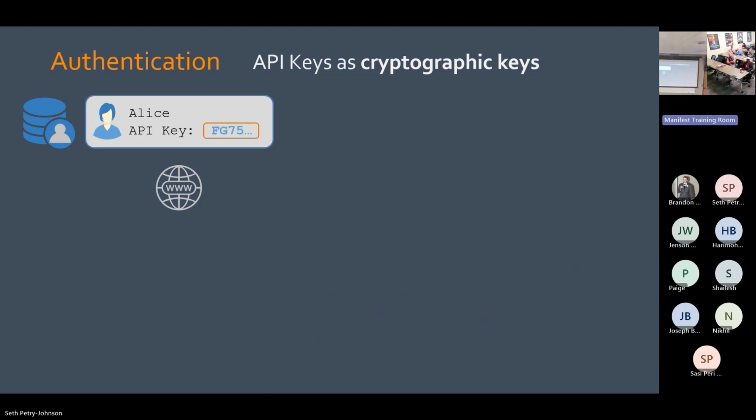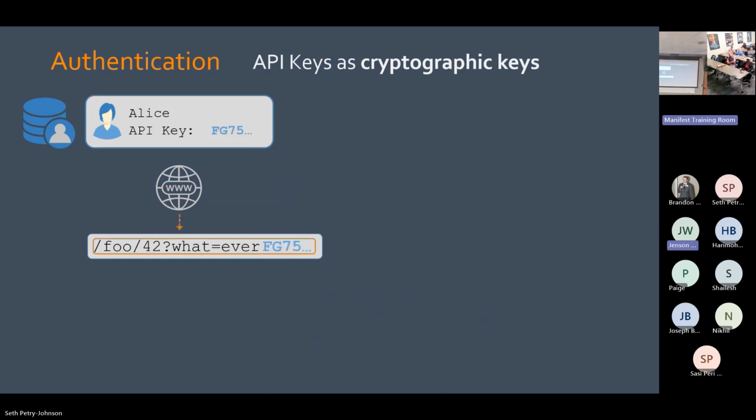When the client is ready to send an authenticated request, it prepares its message, like a URL with parameters. It then concatenates that string with the user's API key. So this creates a string that's unique to our user Alice, because anyone else accessing that same URL will get a unique string by virtue of having their own unique API key.